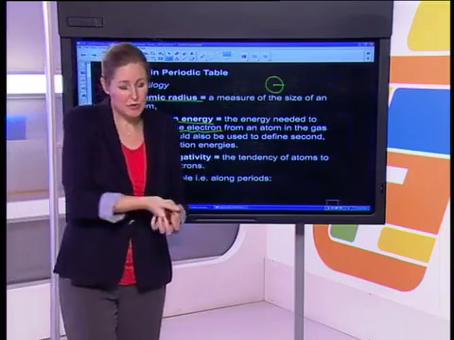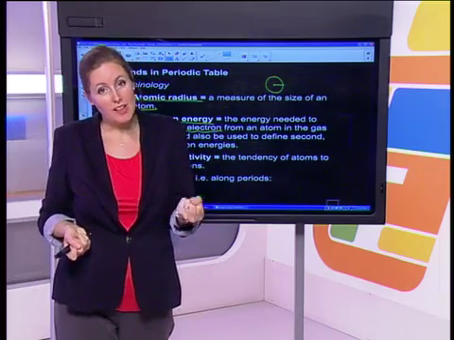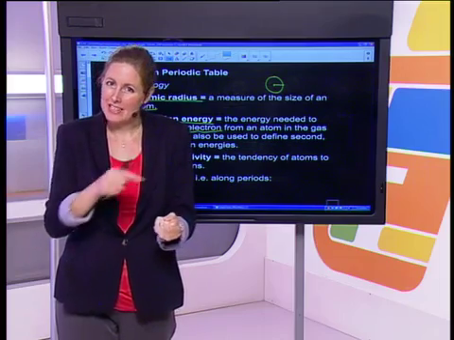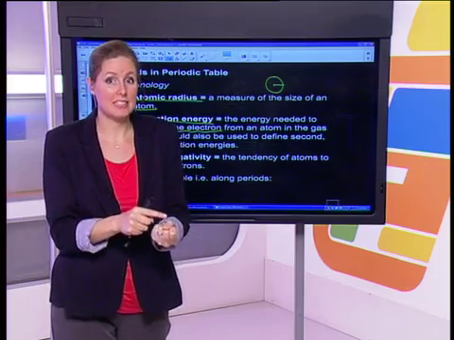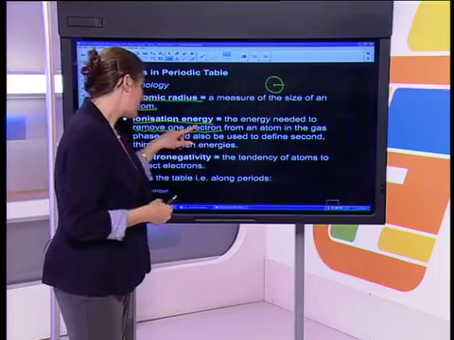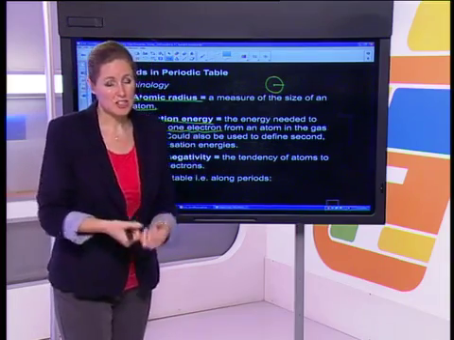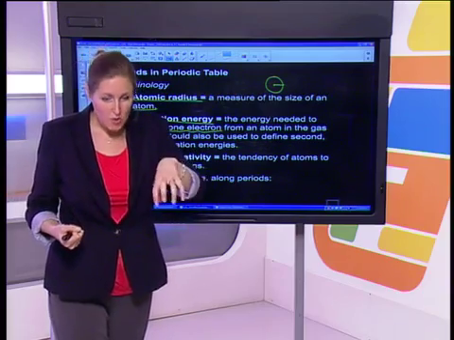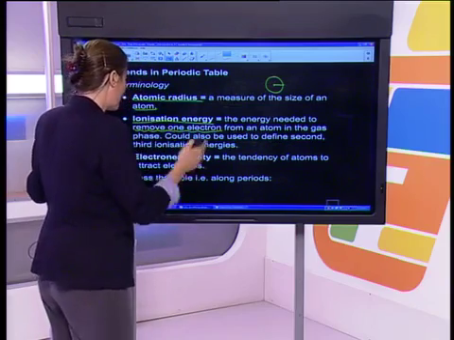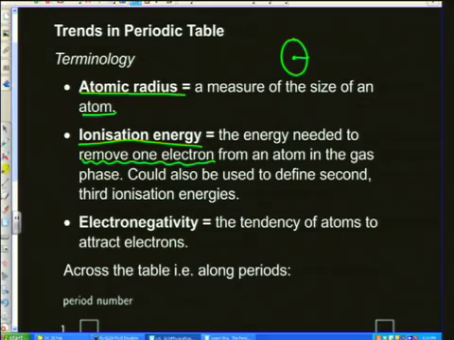If you've taken away an electron from a neutral atom, it's going to have formed an ion, because it's now no longer got the same number of protons as electrons, because you took an electron away. So the ionization energy is the energy needed to remove 1 electron from an atom in the gaseous phase, causing it to become an ion.